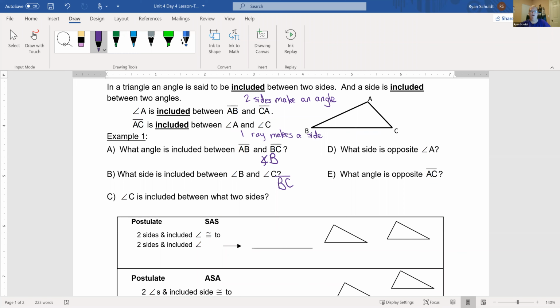So now they ask us about angle C. So angle C is this angle right here. What two sides is it between? So what two sides make that angle?